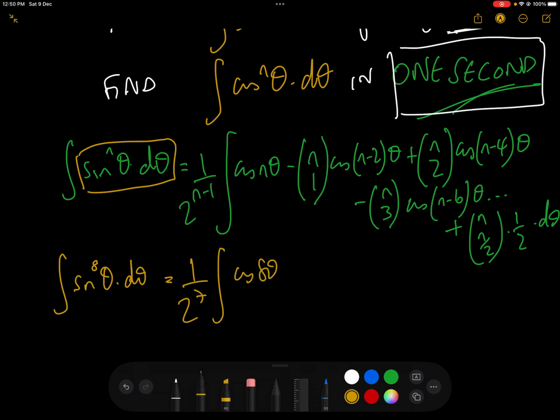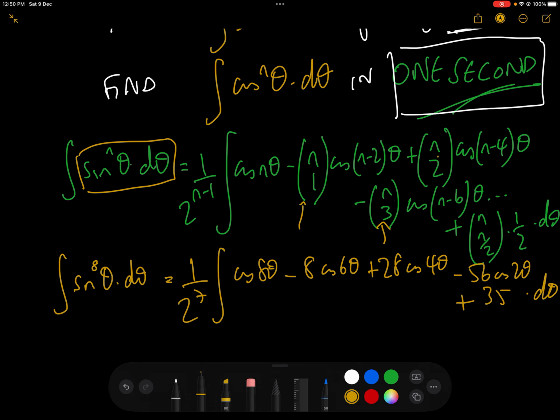Add 8 times 7 over 2, which is 28 cos of 4 theta. Minus 56, which is n3. That's 8 times 7 times 6 divided by 3 factorial, 56, cos of 2 theta, add 8 choose 4, which is 70 divided by 2, which is 35, d theta.